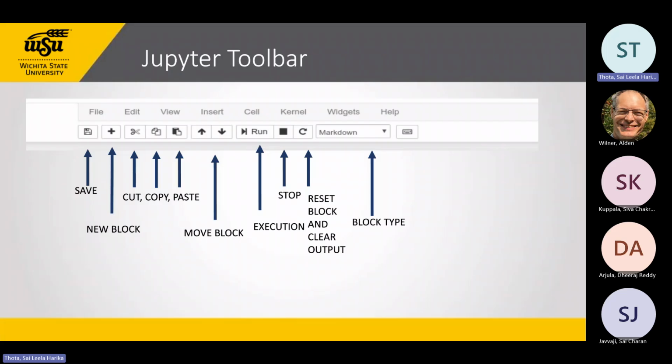And the reset block. For example, if you have written some code like a equal to 10 and b equal to 5, and after that you click on that reset button, the cell will still appear.